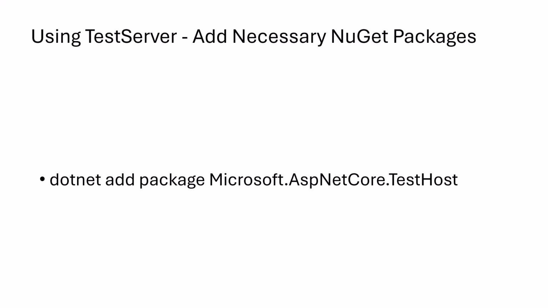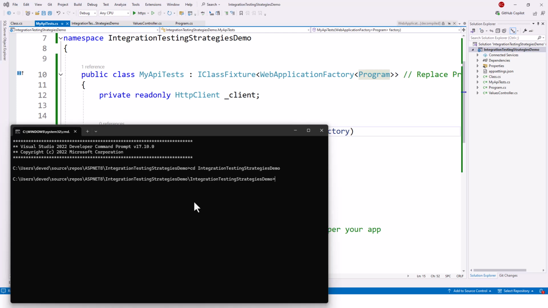So for using test server, we add the necessary NuGet packages. We already had the NuGet packages for xUnit, so that's no longer required, but we will have to add this dotnet add package Microsoft.AspNetCore.TestHost. I have changed directory to my current directory for this project, integration testing strategies demo, and then I will add this NuGet package.